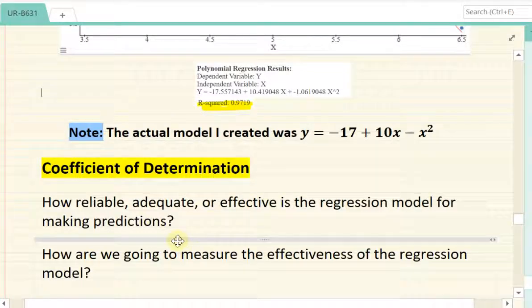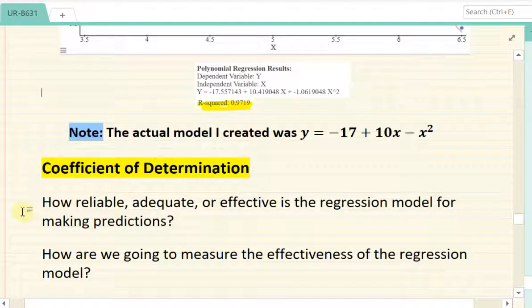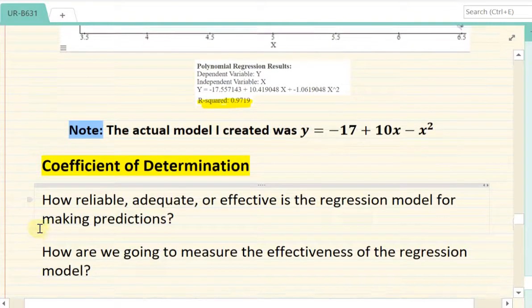Now here I have a couple of questions. One, how reliable or effective is the regression model for making predictions? In other words, how good is this prediction model? Is it worth the trouble of making predictions with it? And how accurate are those predictions?